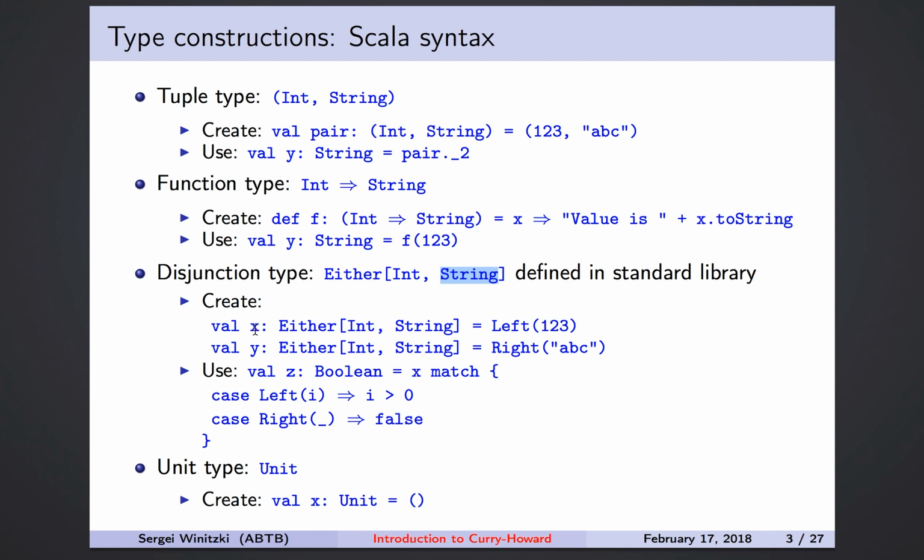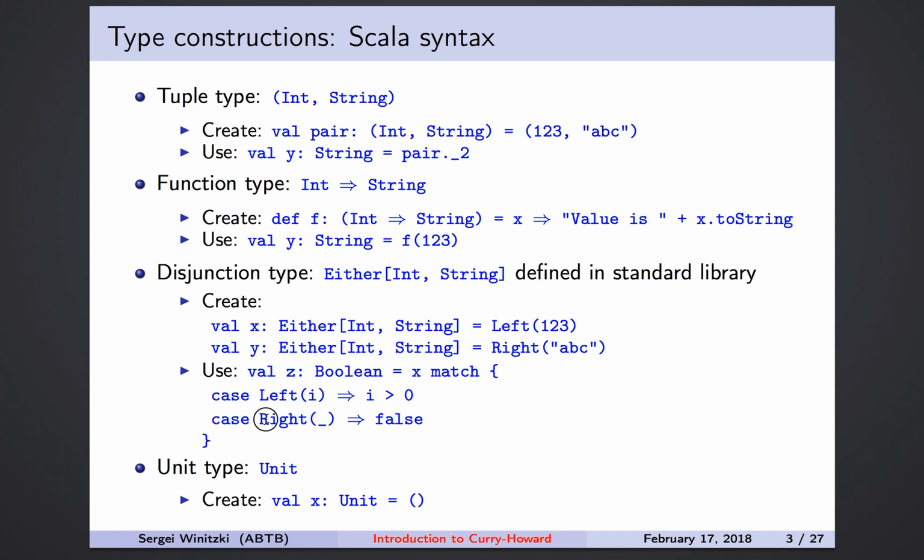Once you have created a value of the disjunction type, how can you use it? Here's what you can do. You can match on the disjunction, and the match contains two cases. It can be a Left, and then you have the value which was in the Left, and you can write a function body that will use that value in some way and compute some other value, let's say a Boolean value.